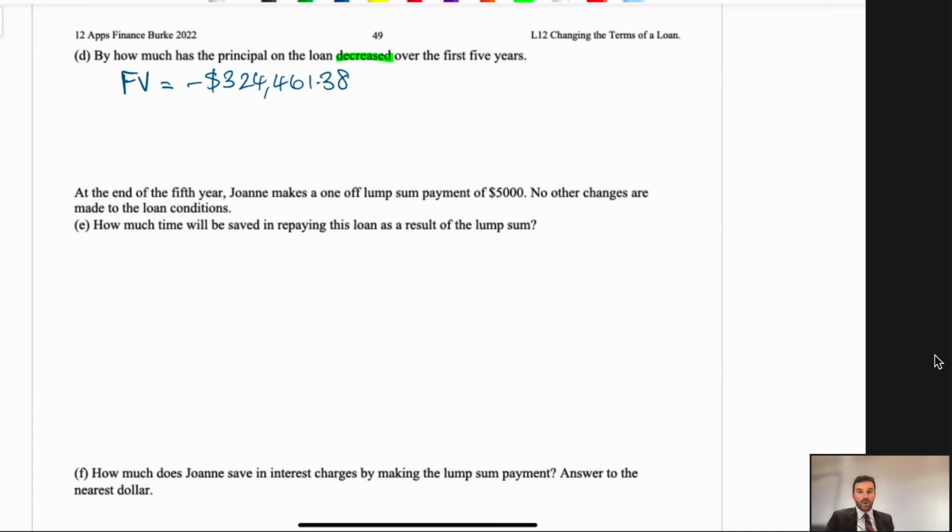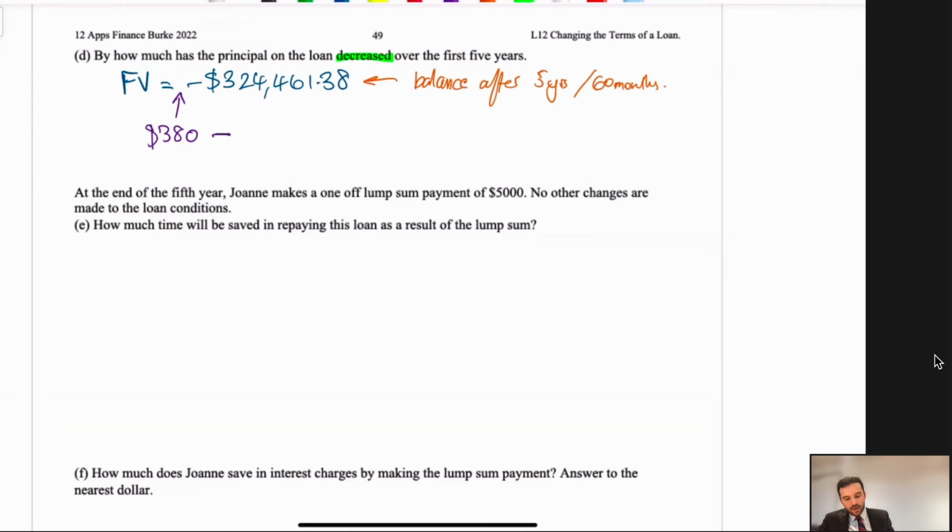Now it's saying how much did it decrease by. Apps, they love those keywords. So how much has it gone down by? Well, it started at 380K. Now you only owe 324K. So the difference between the two is going to be how much it decreased by. So I'm going to go 380K take, and I'll just label this the balance after 5 years, and that's going to be 60 months.